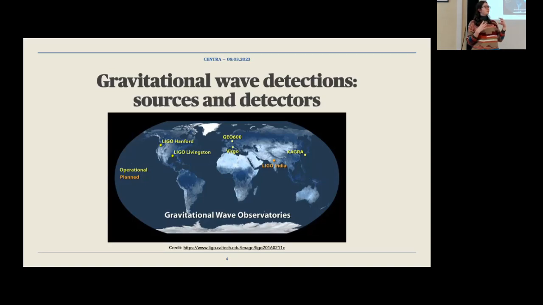So for example, if you have only a single gravitational wave detector at a given orientation, then it will measure only one gravitational wave polarization. Within general relativity, you have two gravitational wave polarizations, so you need at least two detectors in order to measure both these polarizations. And these two detectors must be in a different orientation.